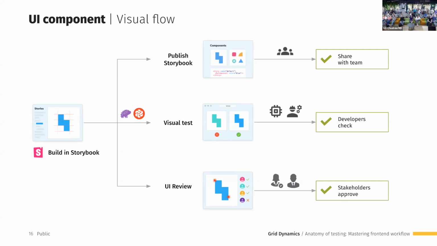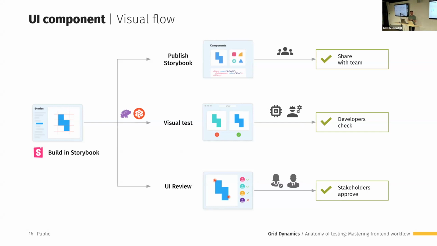We can also publish these components and share them with the team for review. You can assign a teammate to give feedback on your work in progress items or to give a comment on styling, behavior, and interaction. This makes change requests more clear and actionable.